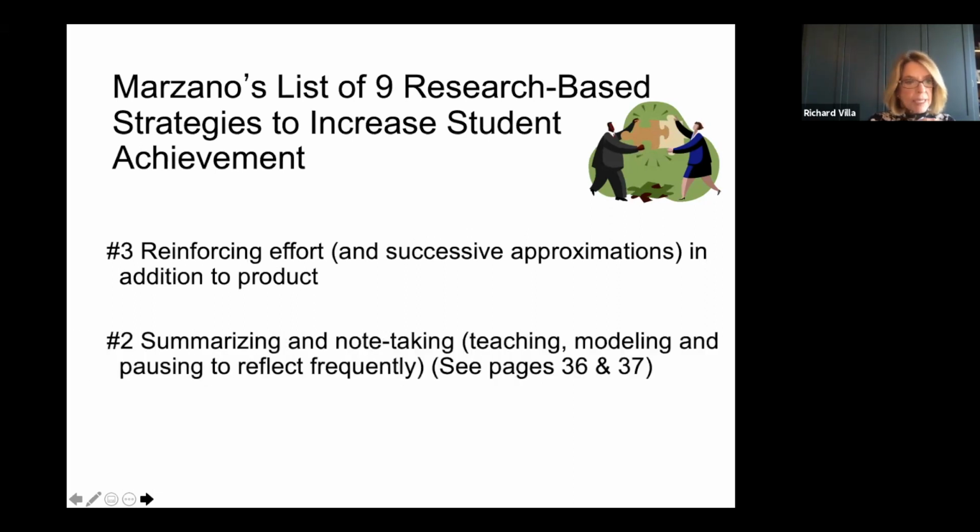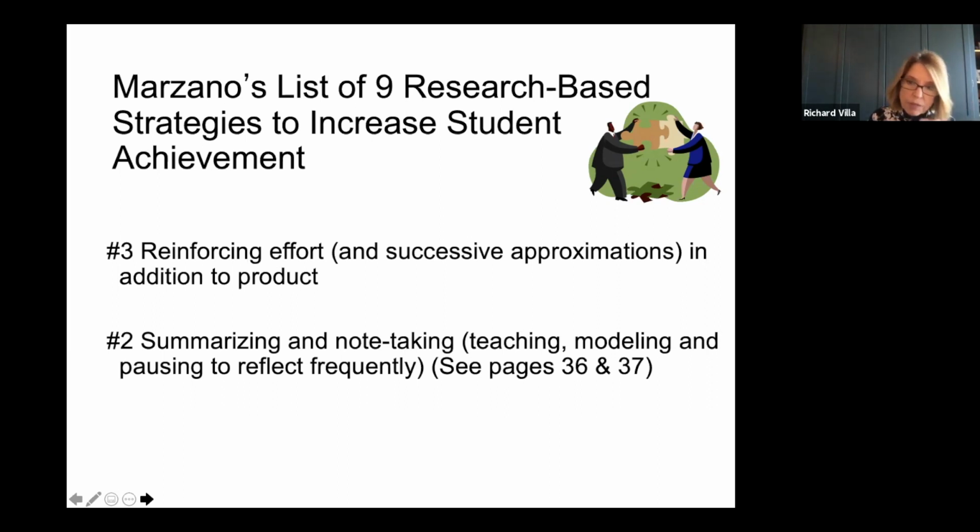Number 2, summarizing and note-taking are 2 ways that promote active engagement. First, we teach and model for students how to note-take and otherwise summarize their learning. We then pause regularly so students have frequent opportunities to reflect and engage with others, with their peers, verbally and in writing.